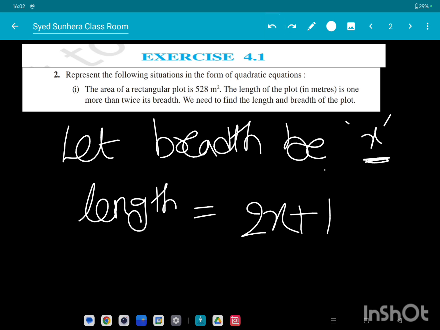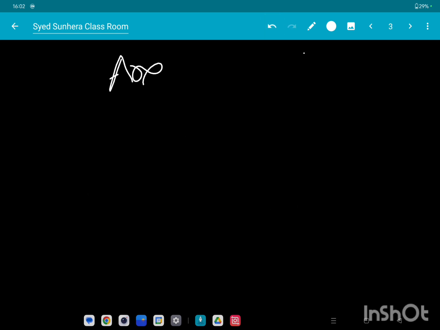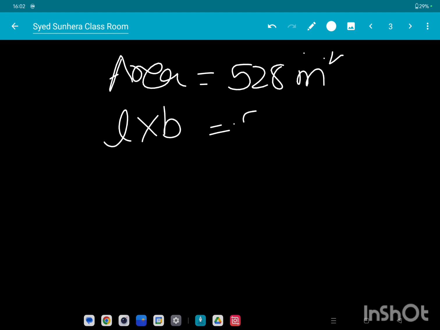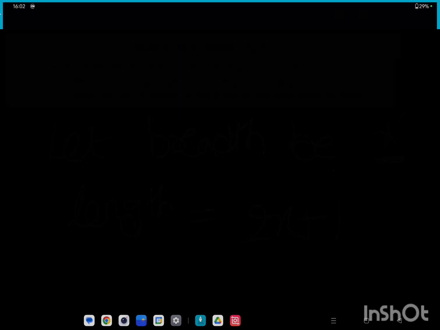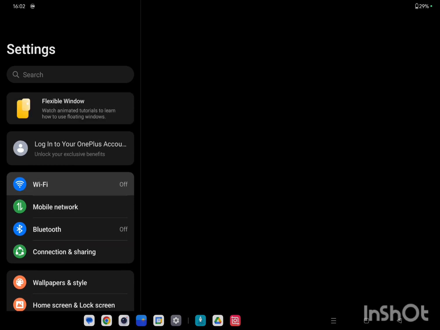Here it was given that area is equal to 528 meters square. What is the formula of area of rectangle? It is L into B is equal to 528. What is the length here?